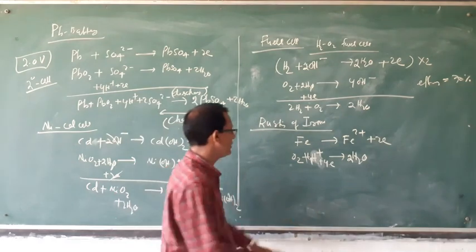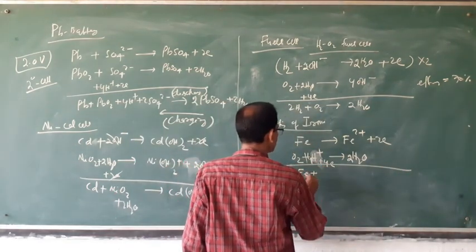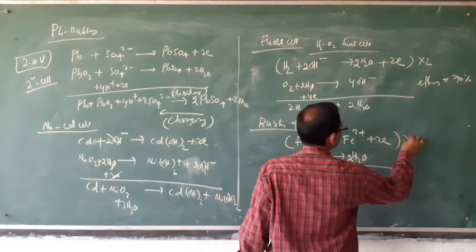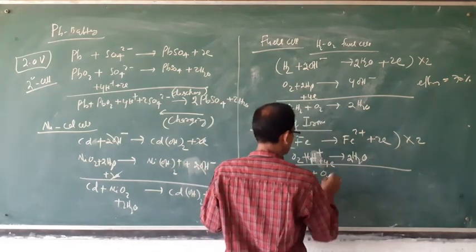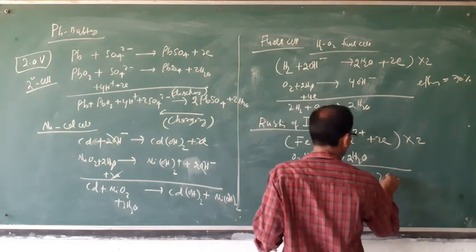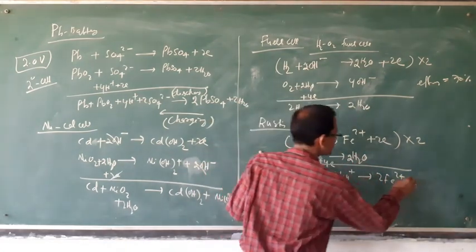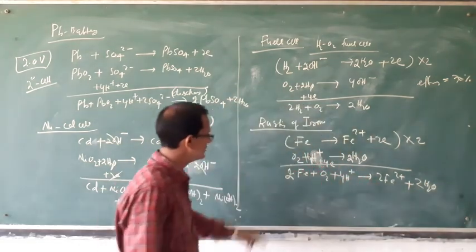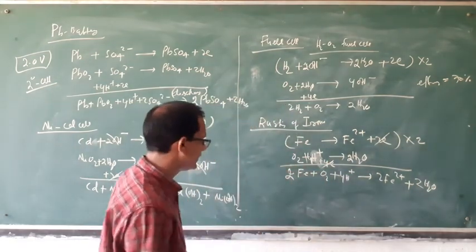So 4 electrons are required. Then the result is 2 Fe plus O2 plus 4H plus converts to 2 Fe2 plus plus 2H2O. This is the final equation, because the electrons cancel.